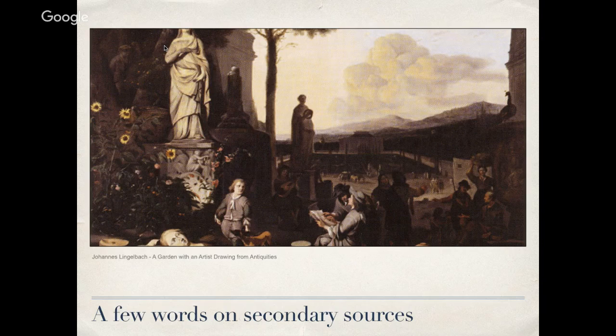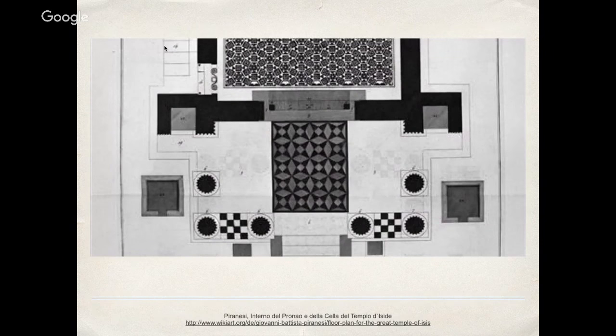So I want to say a few words about the use of secondary sources in producing 3D visualizations of the past. Secondary sources are a 3D modeler's best friends, because a lot of information only survived because someone copied it in the past. Like, for example, this drawing of the mosaic in the Temple of Isis that is now completely lost.